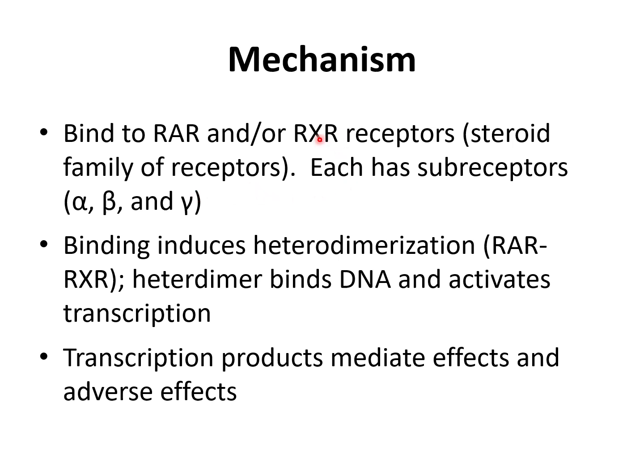What happens when a drug binds to RAR or RXR? What happens is that there is dimerization of RAR and RXR. So they form a dimer, and this dimer, or heterodimer, binds to the DNA and activates transcription. And these transcription products are the ones which mediate the effects and also the adverse effects of the retinoids.